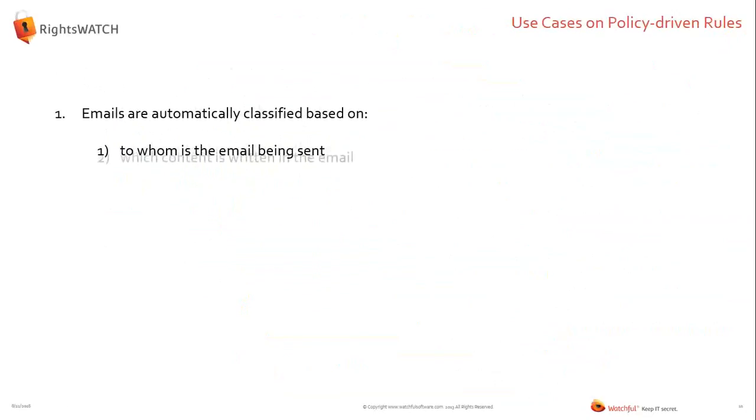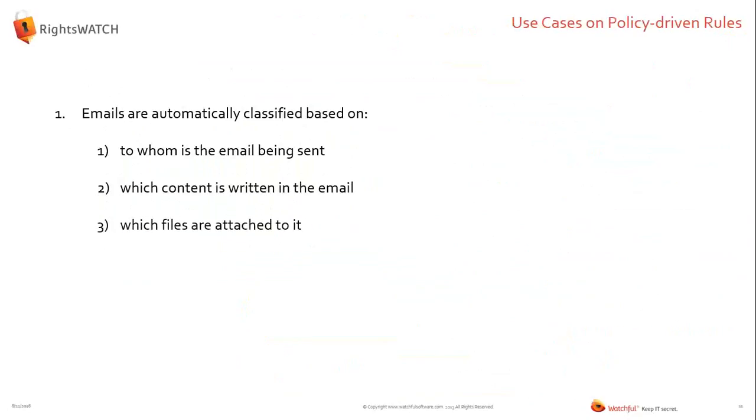Emails are automatically classified based on to whom the email is being sent, which content is written in the email, and which files are attached to it. So this becomes an all-inclusive program where your data is classified based on your corporate classification policies.